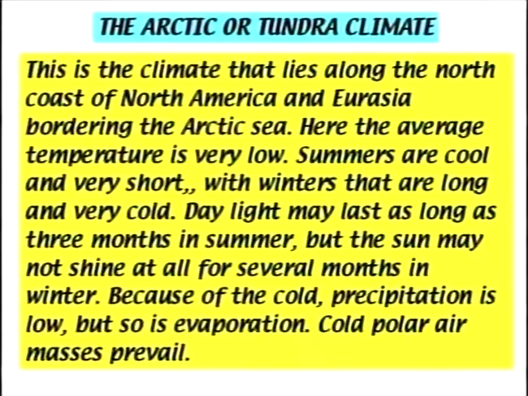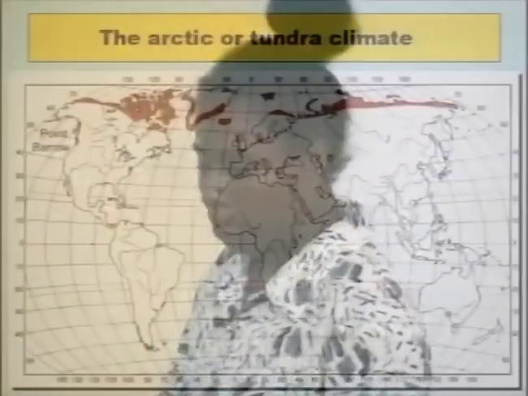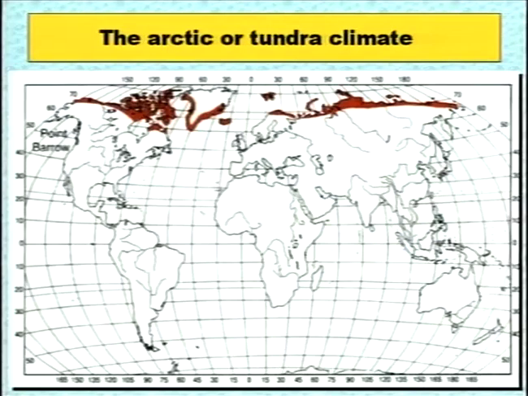Okay, we'll move on. Here are some locations of areas which experience the Arctic or the tundra type climate. If we were to note some of those areas, you should be able to list the following.